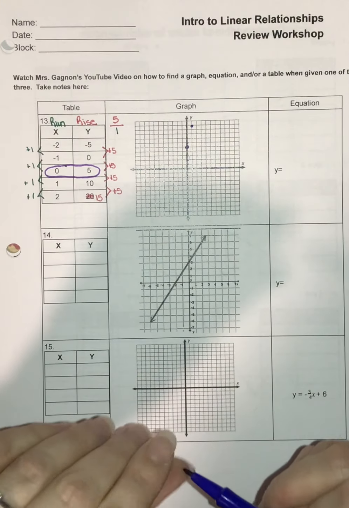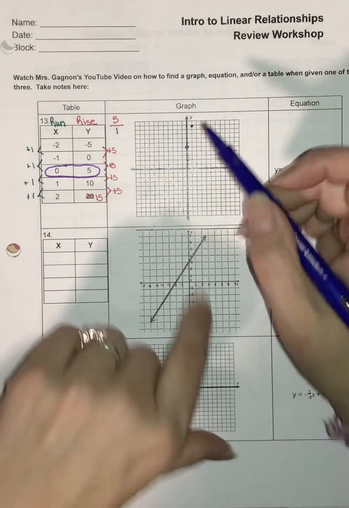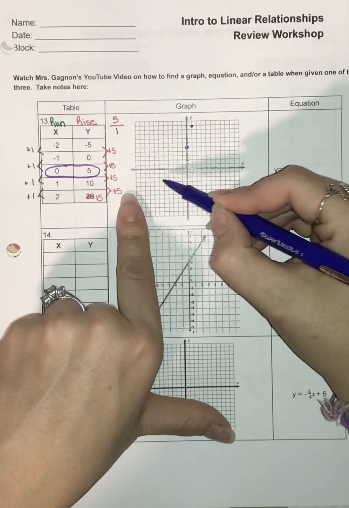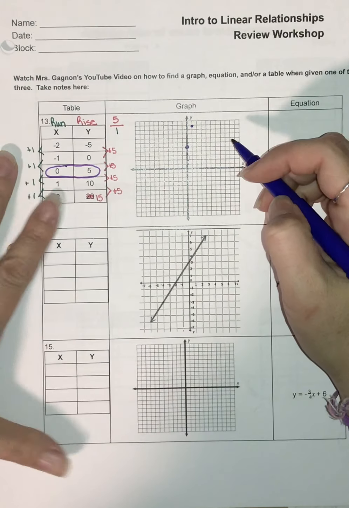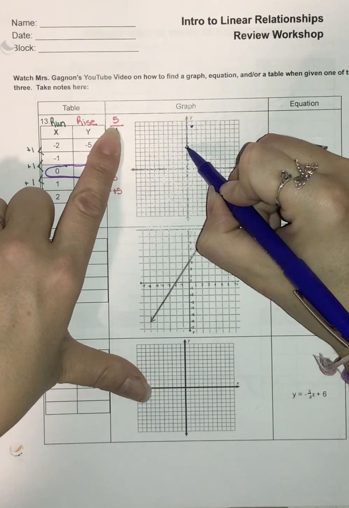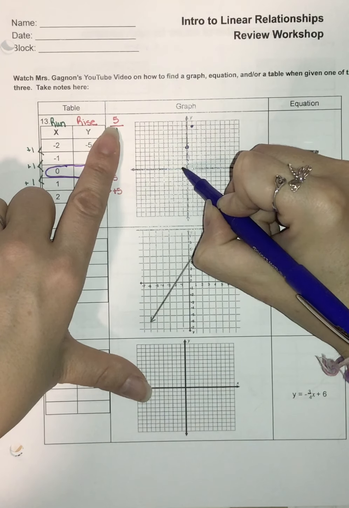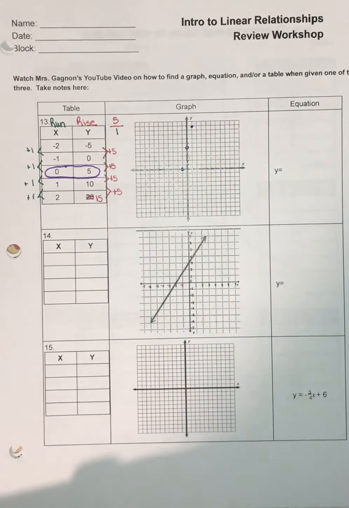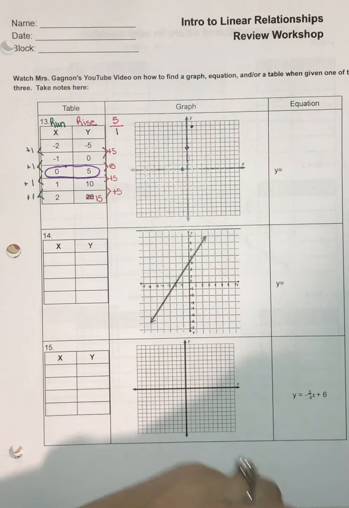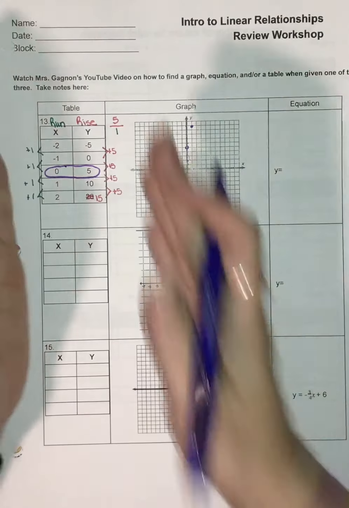Now it's a positive slope. Because it's a positive slope, if I go negative and negative, it's still a positive because two negatives make a positive. So I can start here and go down 5, and back 1 if I wanted to.